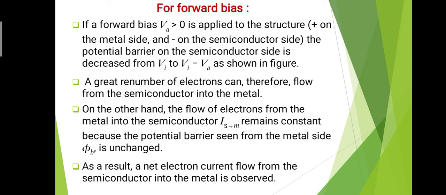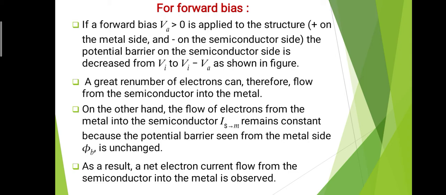On the other hand, the flow of electrons from the metal into semiconductor, that is the corresponding current I sm, remains constant because the potential barrier seen from the metal side, phi b, is unchanged. Now let's see this carefully when we take the forward bias.